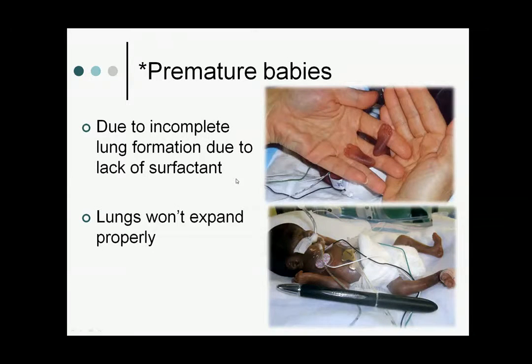One thing that we should mention, just because we're talking about it a lot of times, the big danger of premature babies is because their lungs have not developed, and what that means is the lack of the surfactant that I just mentioned. Without the surfactant, the air just basically cannot get in, or as much cannot get in as these organisms need. And so obviously the danger here is not enough oxygen to the tissues, primarily the brain.